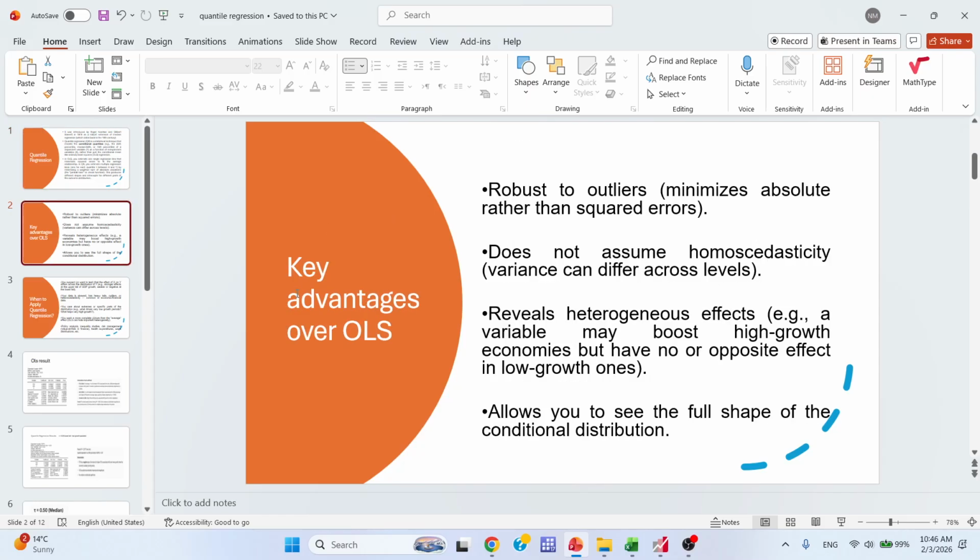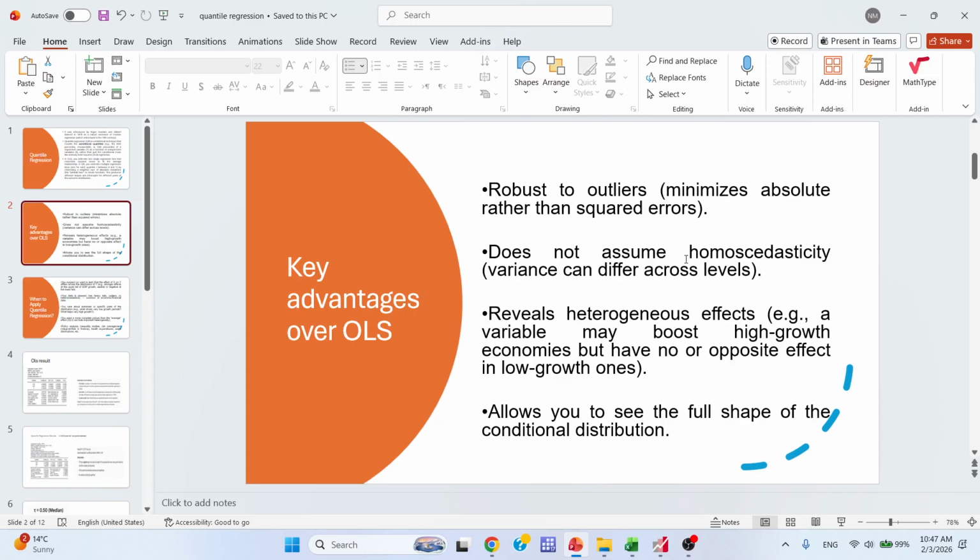Second, what are the advantages of quantile regression over simple OLS? The first advantage is that it is robust to outliers, since it minimizes absolute rather than squared errors. The second advantage is that it does not assume homoscedasticity. If you have the issue of heteroscedasticity in your data set, quantile regression will give you a better result than OLS.